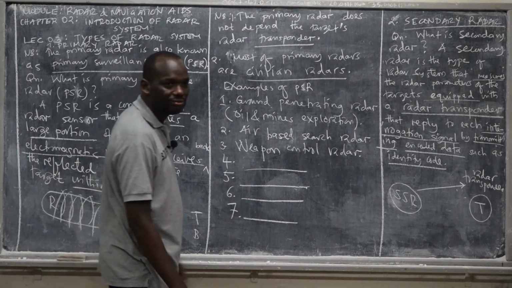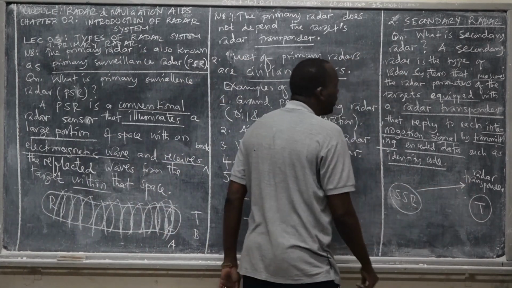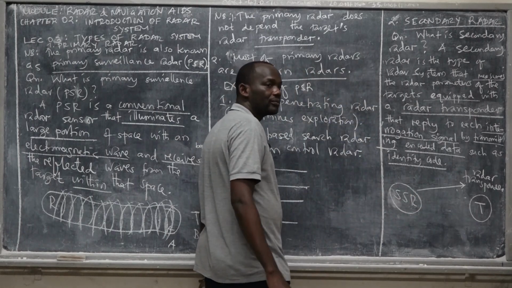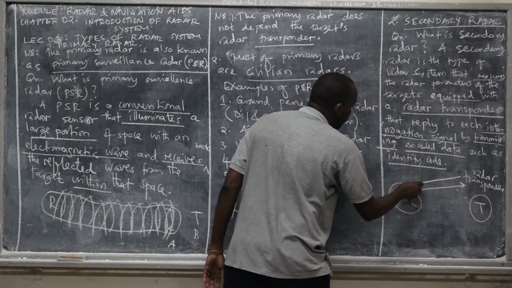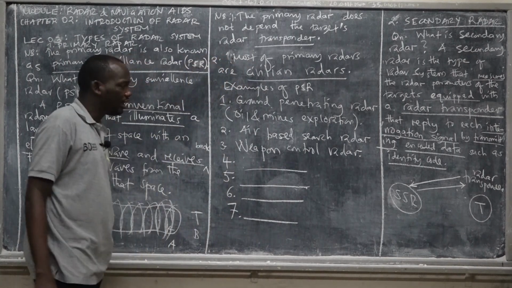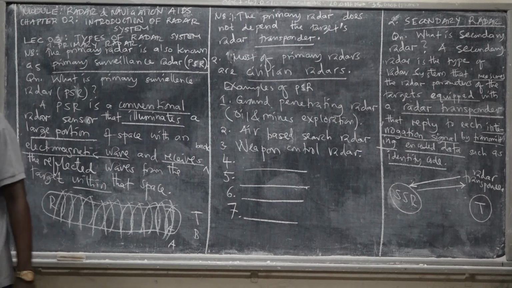Who are you? So the radar transponder will also interrogate with the secondary surveillance radar. How? It will also send an interrogation signal towards the secondary surveillance radar.